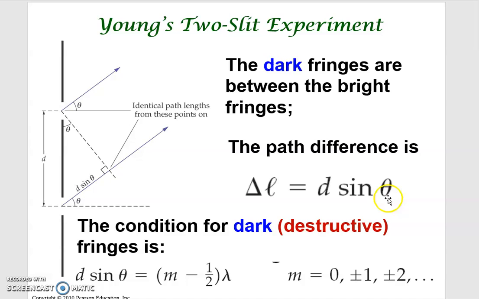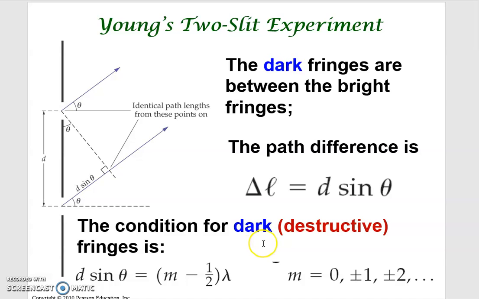Not a surprise to you, for the dark fringe, the path difference is still the same. And please remember that this figure is for the observer at this point, okay? But the result is in general true, no matter whether you're standing here or here.